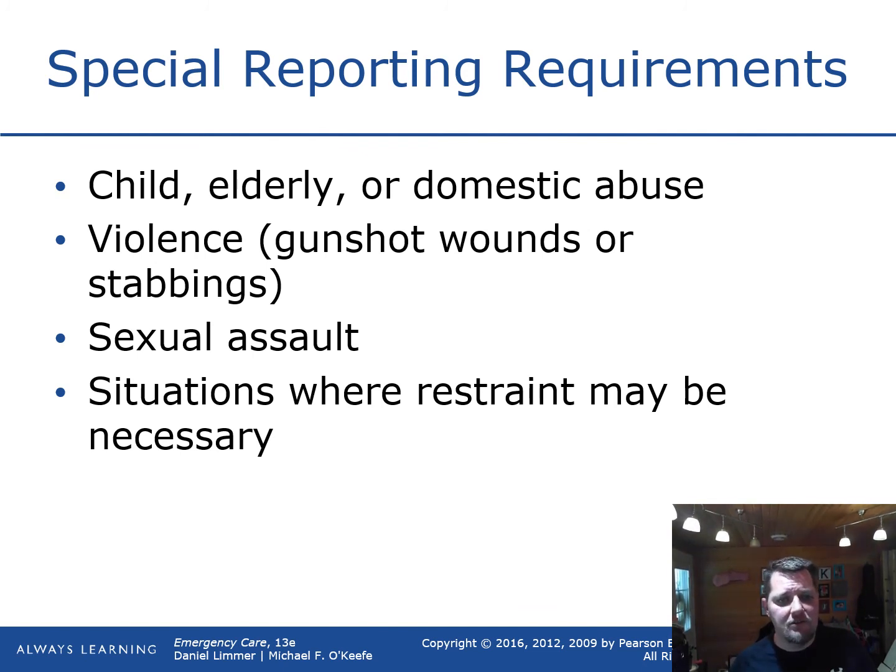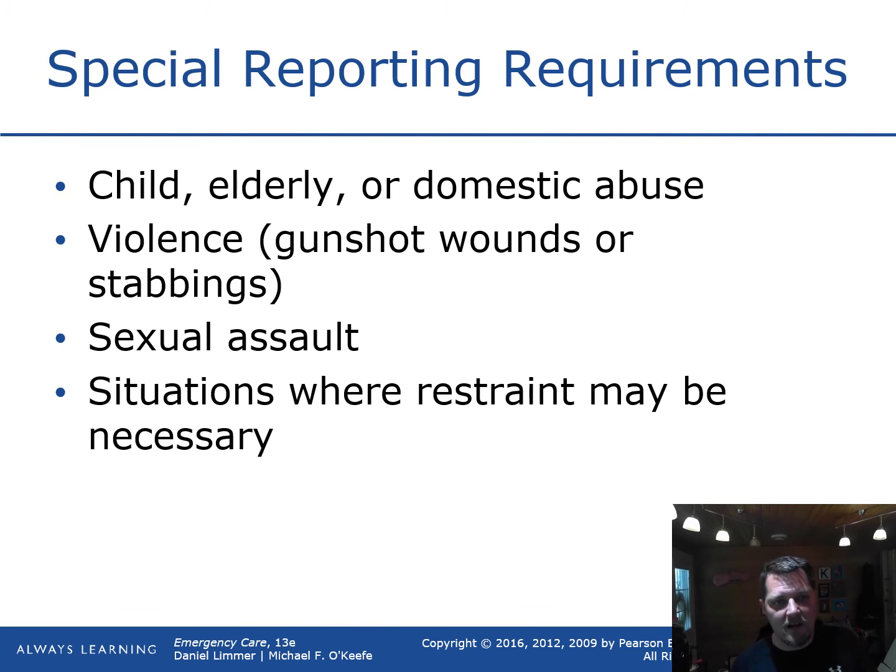You have to report these things to PD, to Child Protective Services, Adult Protective Services. Do not assume that somebody else is going to report it, because if you assume that somebody else is going to report it, it may not get reported, and then you're legally now liable for the fact that it wasn't reported.